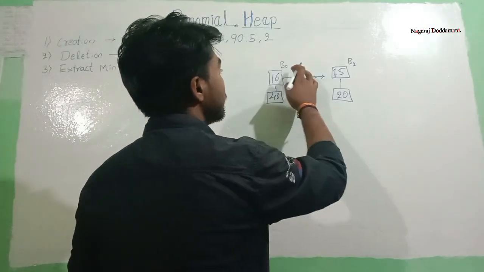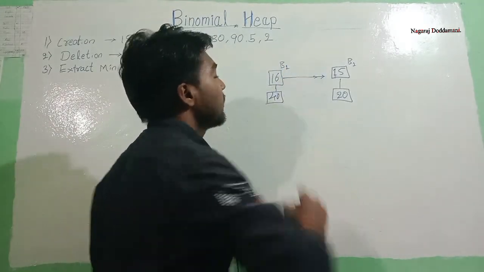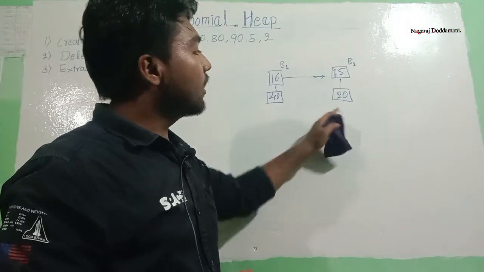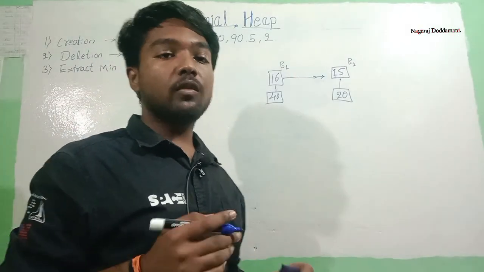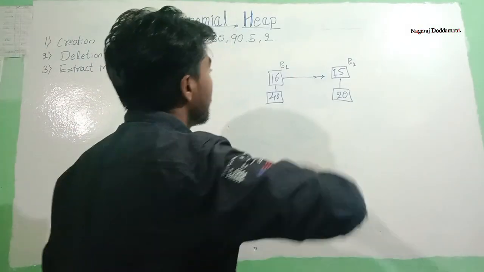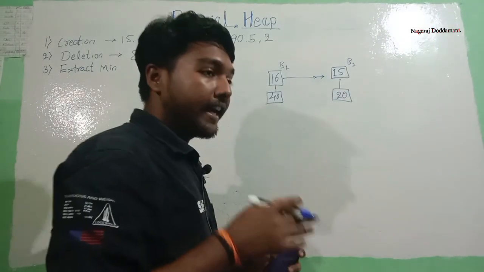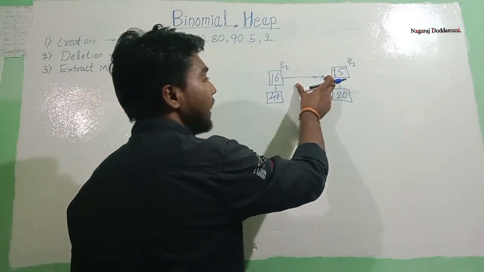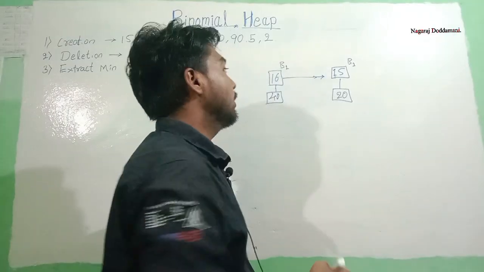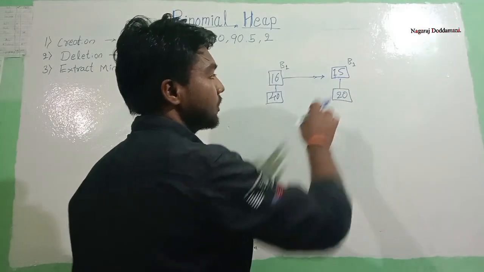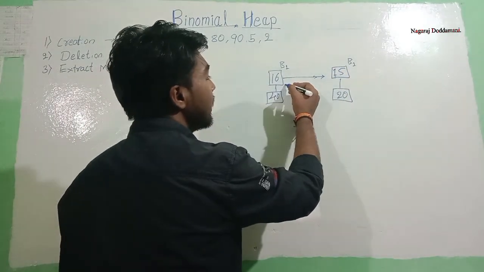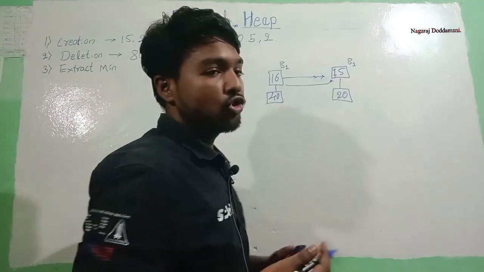Again we need to check the order. Here we have two trees which are the same in order. This is also B1, this is also B1. Again we need to check which parent node has the smaller value. In this case 15 is smaller, so we need to make this its child.